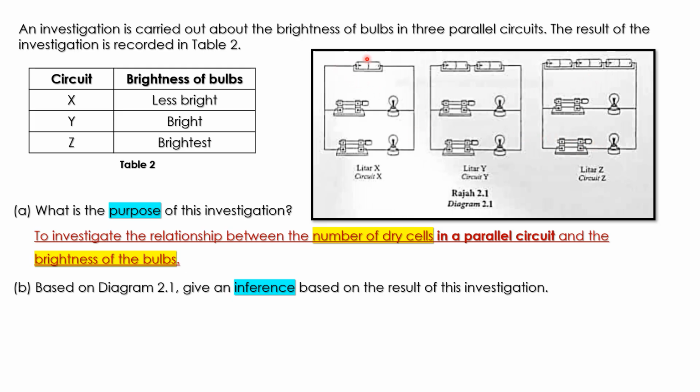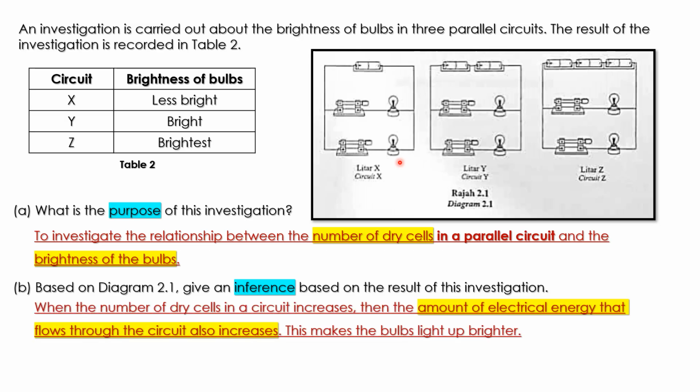So we all know that dry cells are the source of electricity for any electrical circuit. So when the dry cells increase in number, the amount of electrical energy that's being supplied to a particular circuit also increases, and that's what increases the brightness of the bulbs.